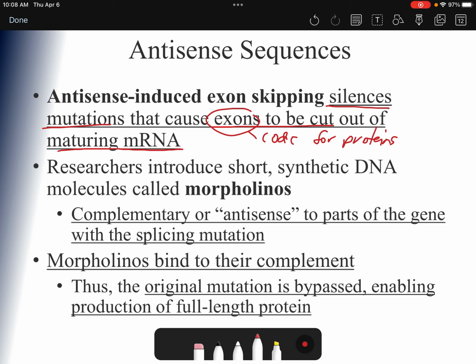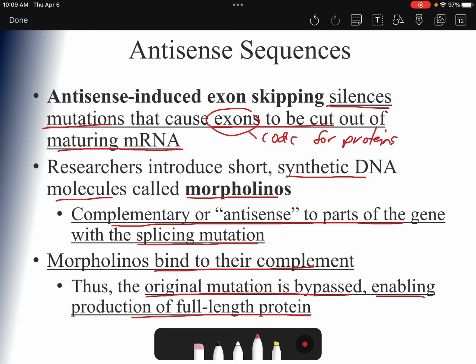So what researchers have done is they make these synthetic DNA molecules called morpholinos, and they have a complementary or antisense part to the gene that has that splicing mutation. And so they bind to the complement, and then the original mutation is bypassed. So now that protein can be made. In other words, the exon does not get spliced out.